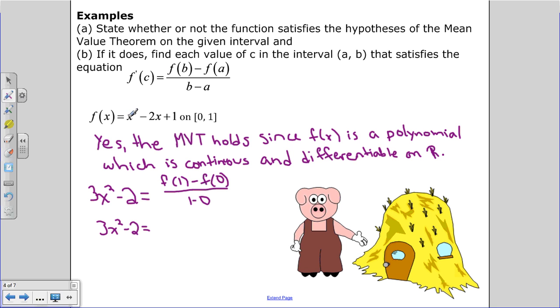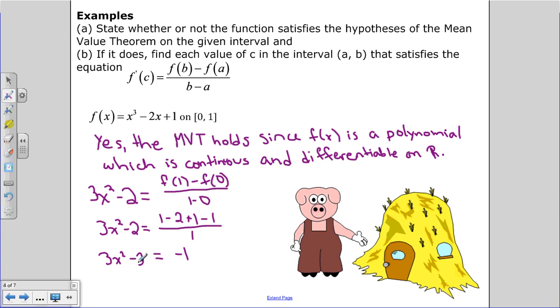So f of 1, I get 1 cubed, which is 1, minus 2 times 1, it's just 2, plus 1, minus all of 0 cubed is 0, minus 2 times 0 is 0, plus 1, so minus 1, all over 1. 1 minus 1 cancels. 1 minus 2 is negative 1. Negative 1 over 1 is negative 1.